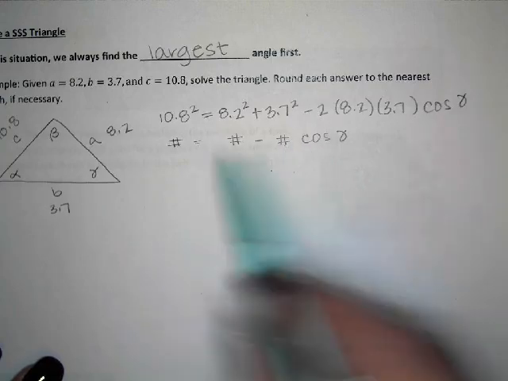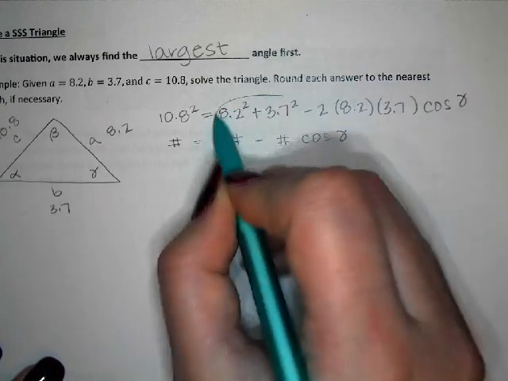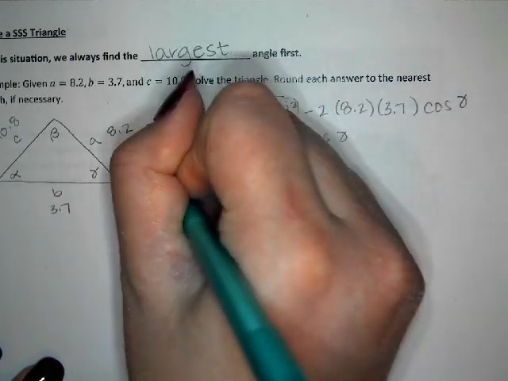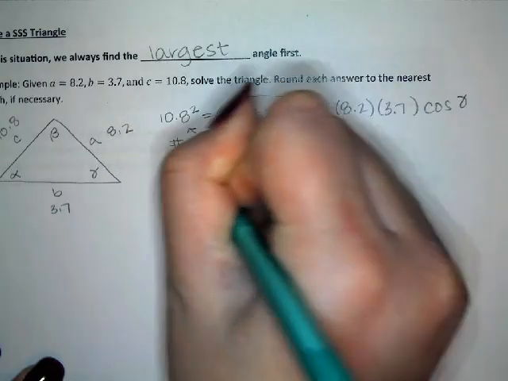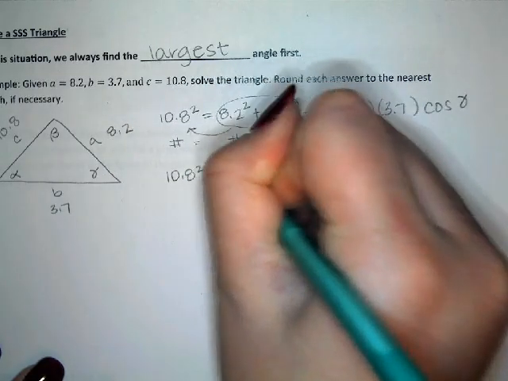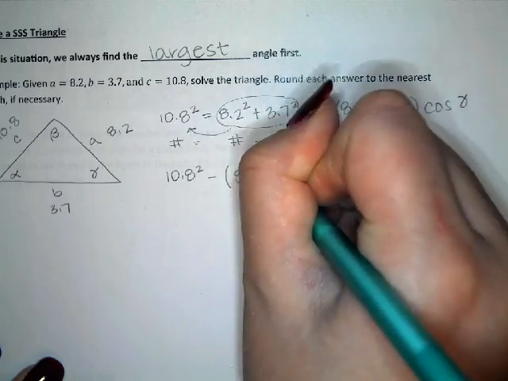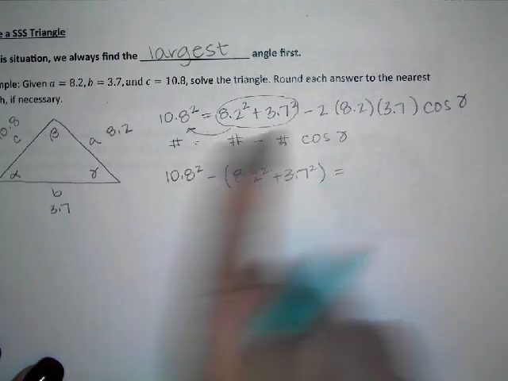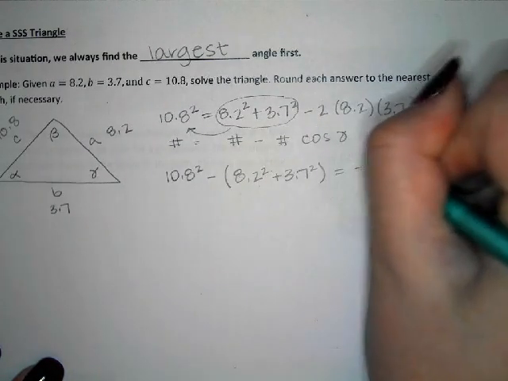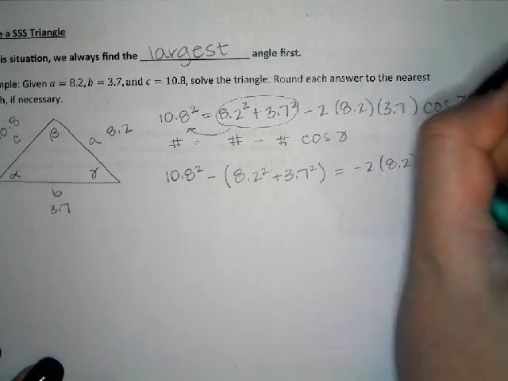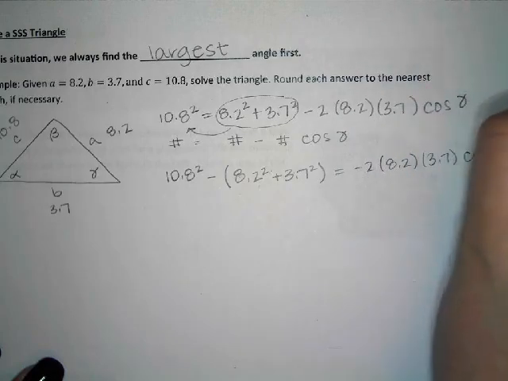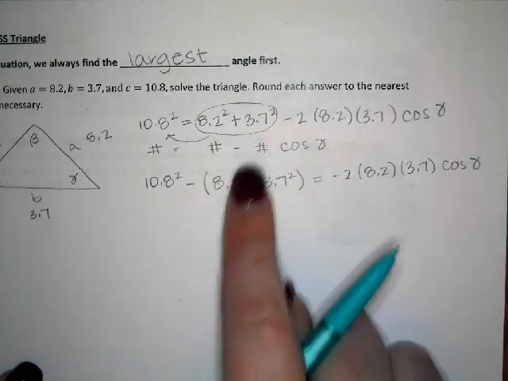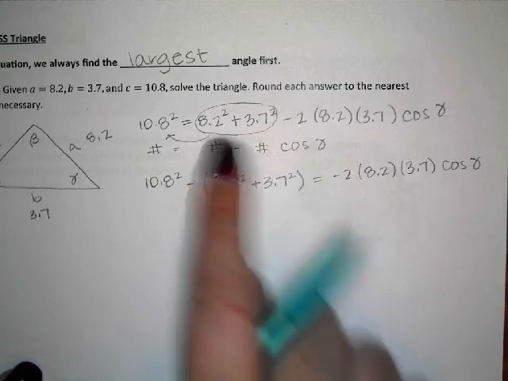And so the first thing I would do is I would take this and subtract it over to the left side. So I would say 10.8 squared minus that whole group of numbers. So 8.2 squared plus 3.7 squared, I would just subtract that whole group over. And then once I've subtracted that whole group over, now this number's gone, and so I'm free to take that coefficient and divide it over to the left side.